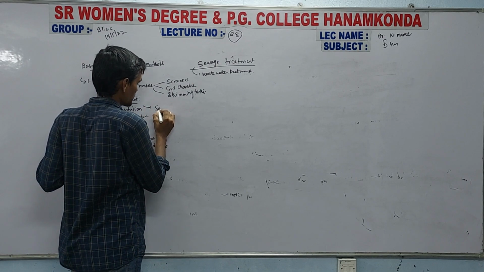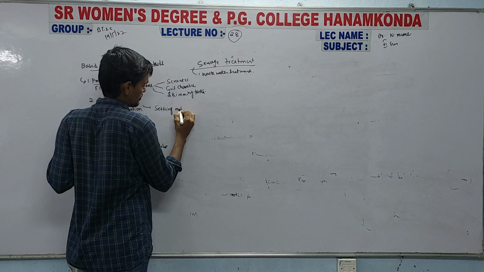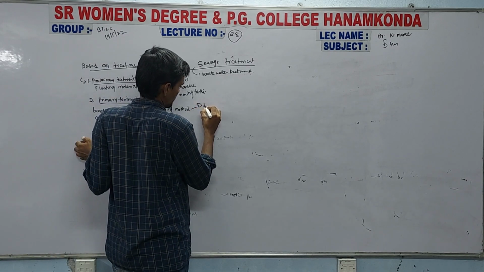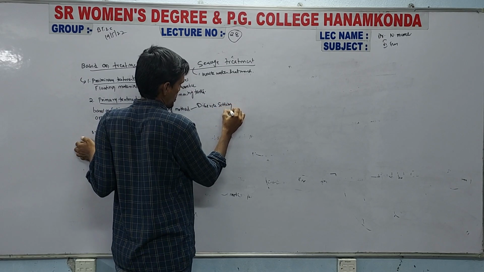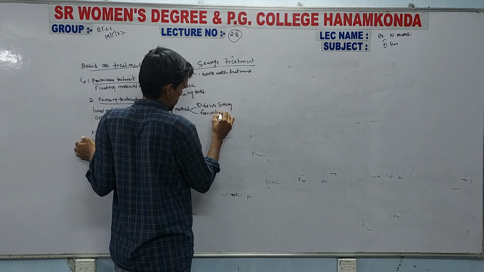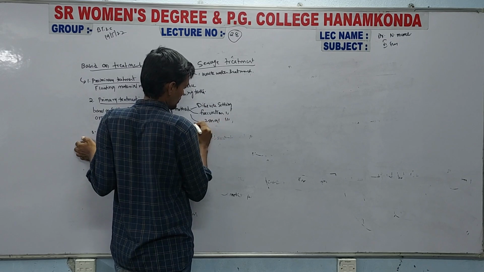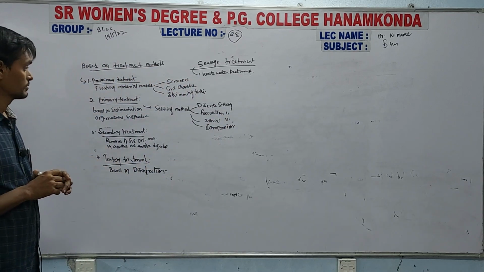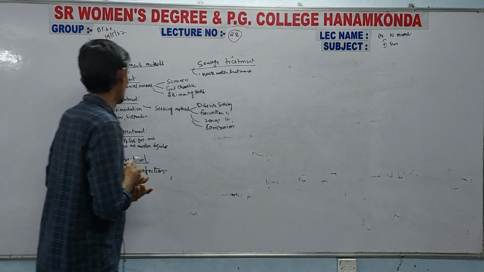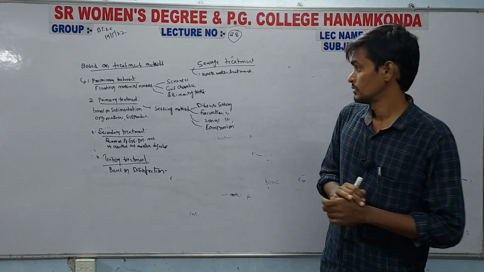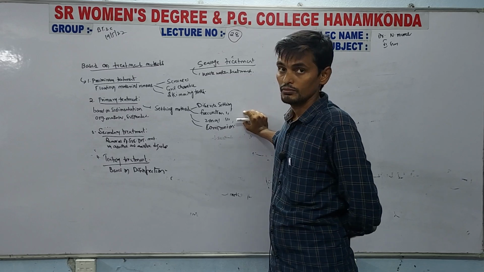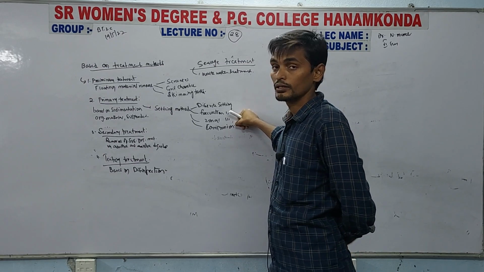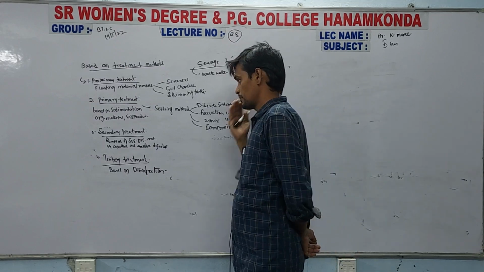This primary treatment is called the settling method, which includes different methods: discrete settling, flocculation settling, zonal settling, and compression settling. So, this is all about primary treatment.